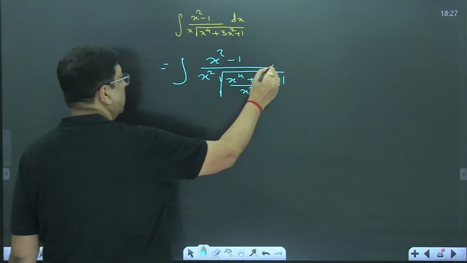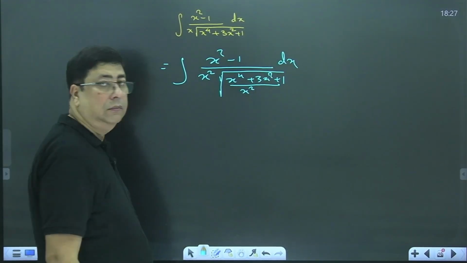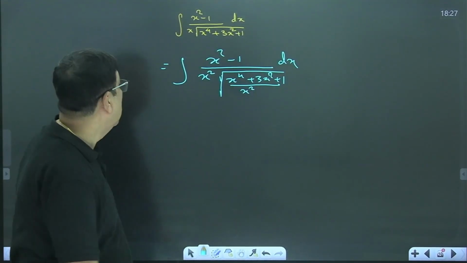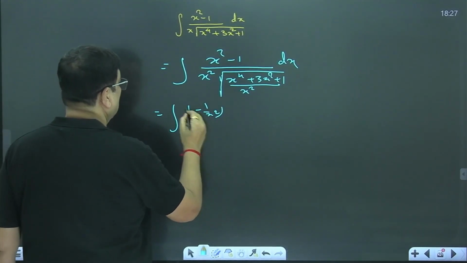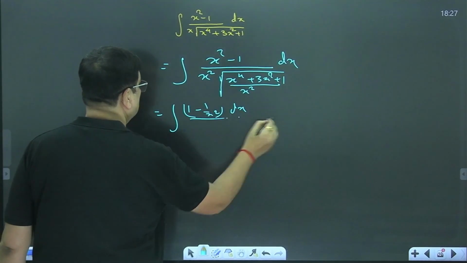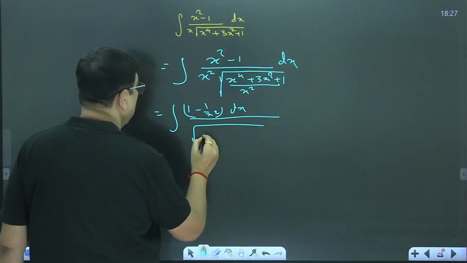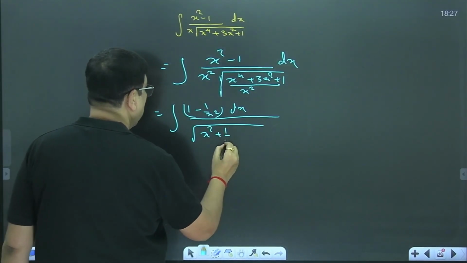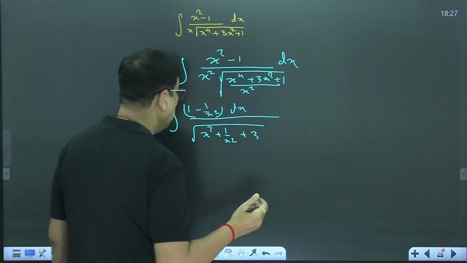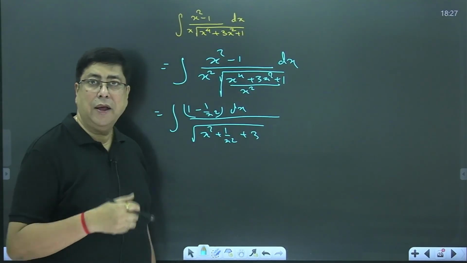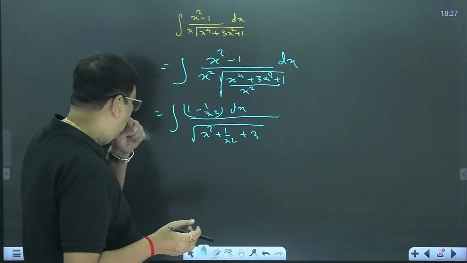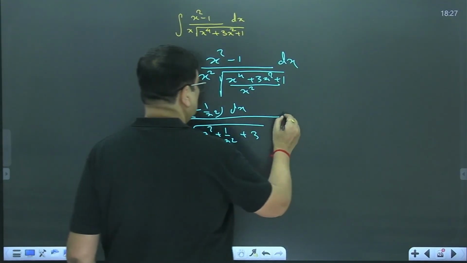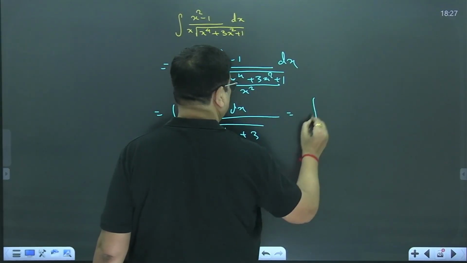Right, everybody? Now what will we do? Divide by x square, by root over of (x square plus 1 by x square plus 3). So same question: whose derivative is the numerator? You have to practice continuously for this type of sums. These are very frequent.